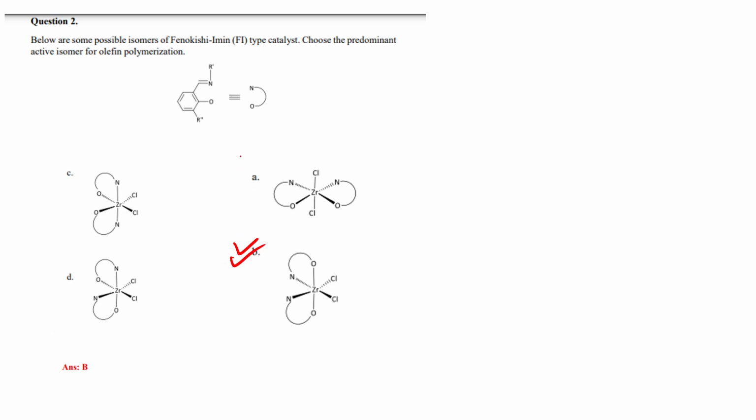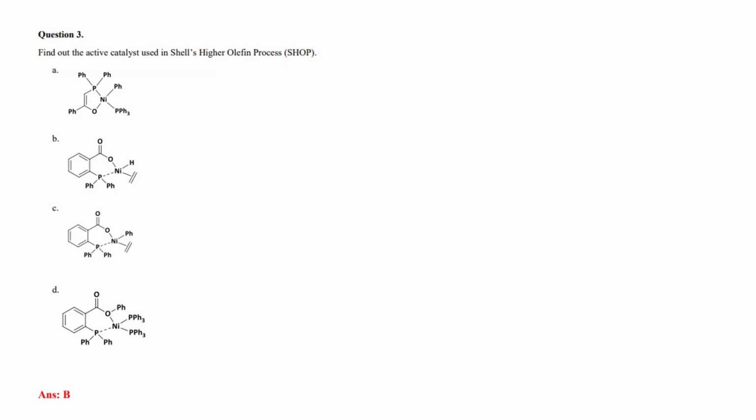And when polymerization is there, you should have one to cis relationship. Then only that polymerization can happen. So obviously this A should be removed because here it is trans. So this kind of thing should be needed, and in that way it is actually the predominant one. I have made it.